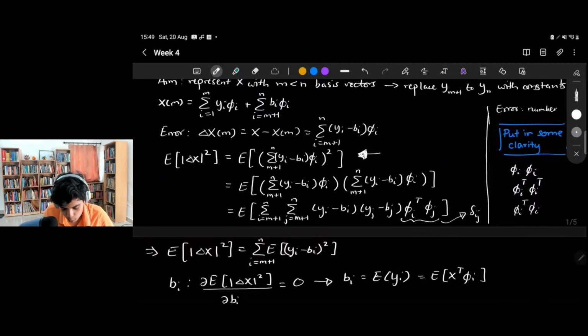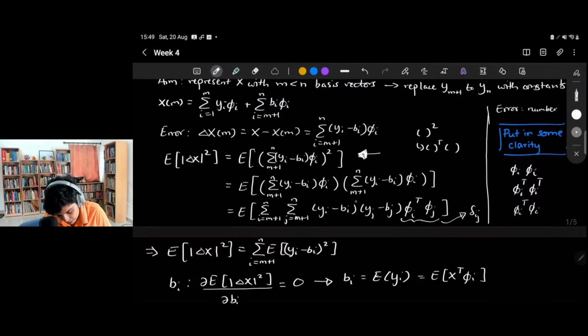Yeah, I have missed out some transpose out here. One of these terms is definitely a transpose. This is a square, right? When you open up a square, you write the transpose times the same thing.